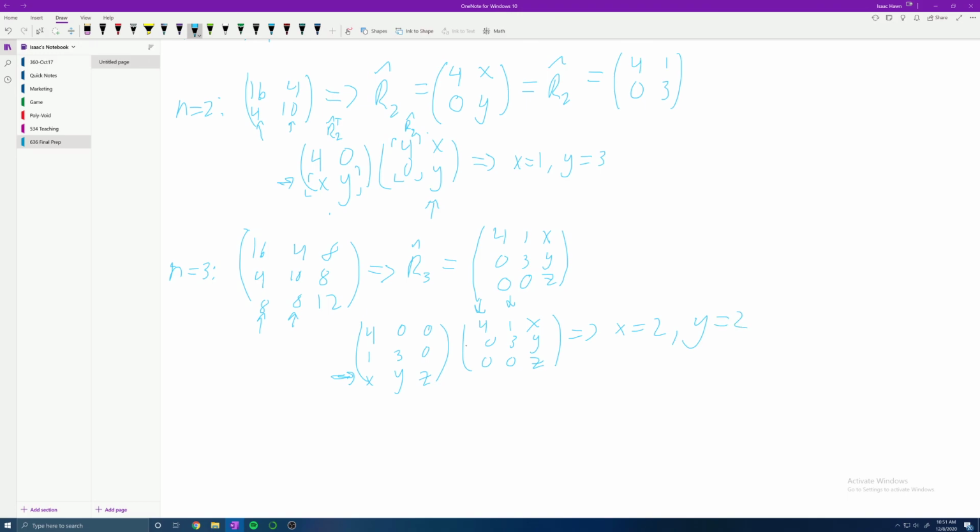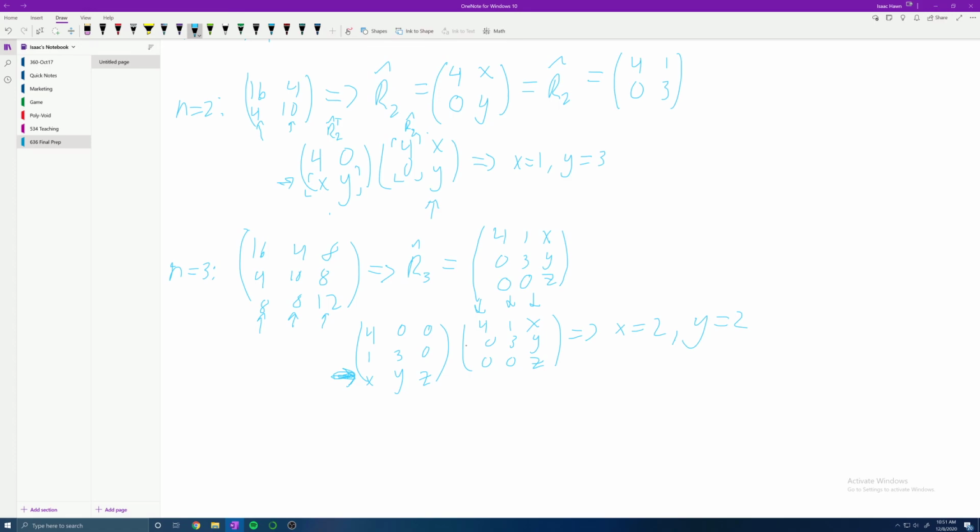And finally, we know that when we multiply this row right here by this column, we're going to get this entry, 12. So we know that x squared plus y squared plus z squared is 12. So 4 plus 4 plus z squared is 12.